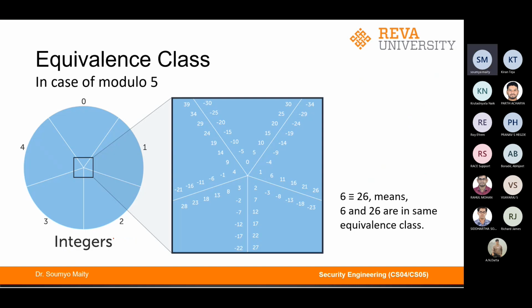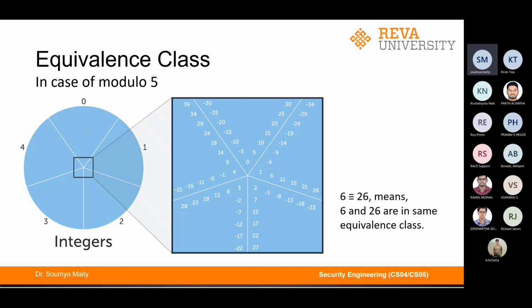Now let us see why we call it congruent, or what is an equivalence class. It's just a quick recap here. Say let us take a modulo 5 calculator or modulo 5 dial: 0, 1, 2, 3, 4. So take any number. If you just keep on counting where it ends, that is the modulo.